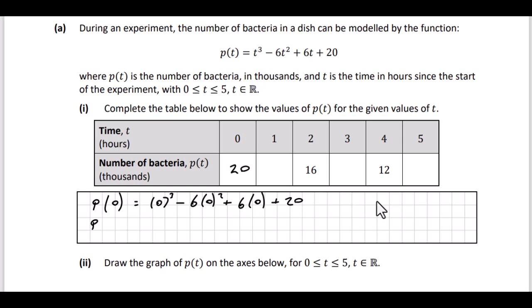You then do p of 1, so it's the same thing again, 1 cubed minus 6 times 1 squared plus 6 times 1 plus 20. Again, just remember to do the powers first, then the multiplication. So you've got to do the 1 squared first and then multiply by 6. So you should get 21, and then if you put 3 in, you should get 11. If you put 5 in, you should get 25. That's it. Let's have a look at part 2.